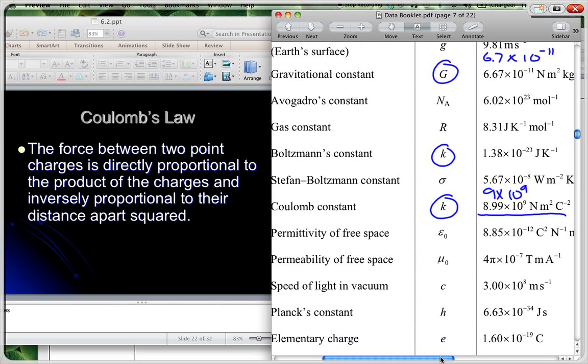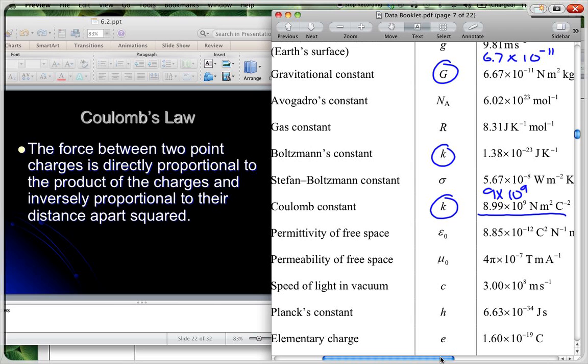Charge, that's also stuff, the amount of charge that you've got. We call that charge, and it's measured in coulombs. Now, as you can see, this one is much greater. This is 10 to the 9. This is 10 to the negative 11. You've got an order of magnitude of something like 10 to the 20 difference between the two.